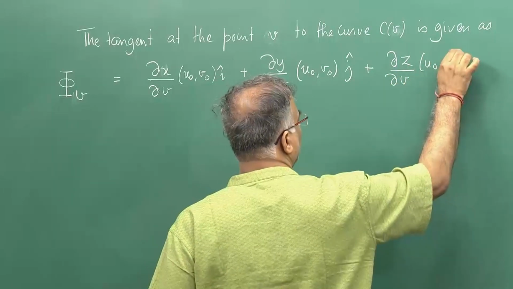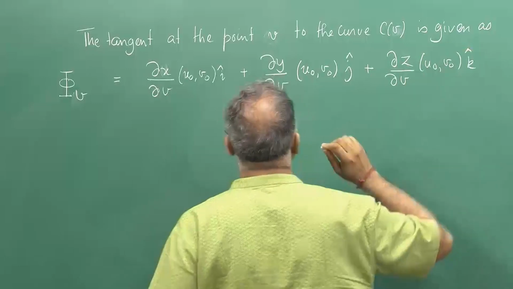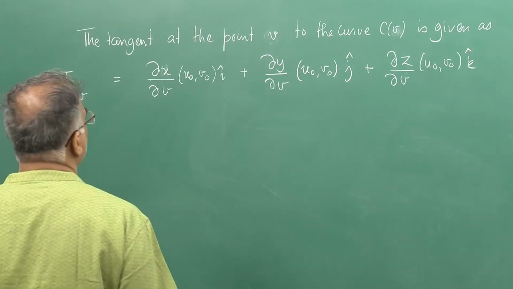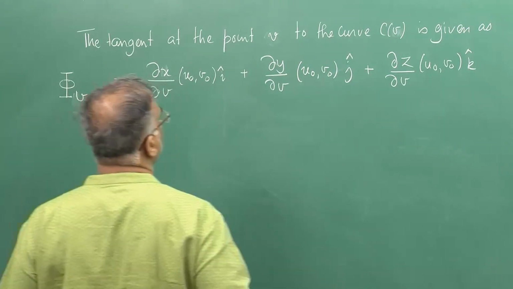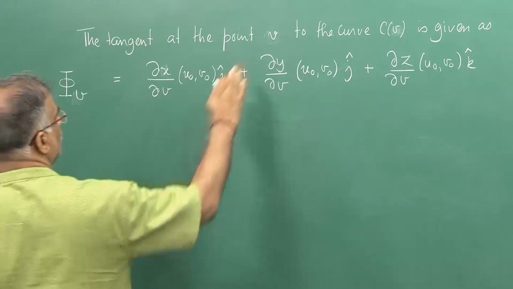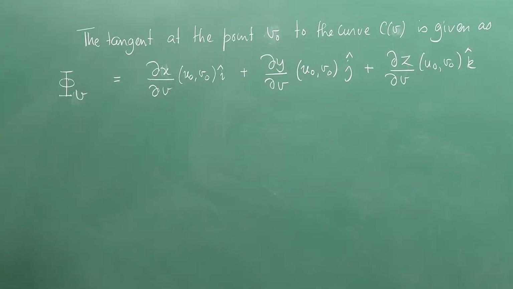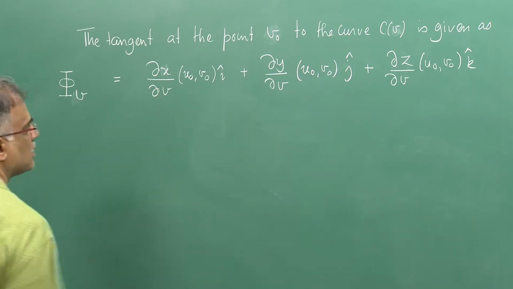U naught v naught k vector. Similarly, tangent at the point v naught is given like this, right.